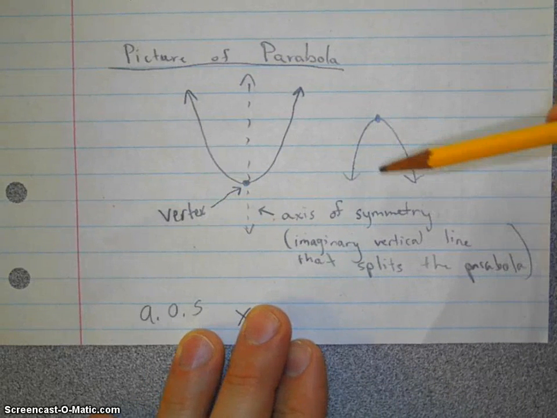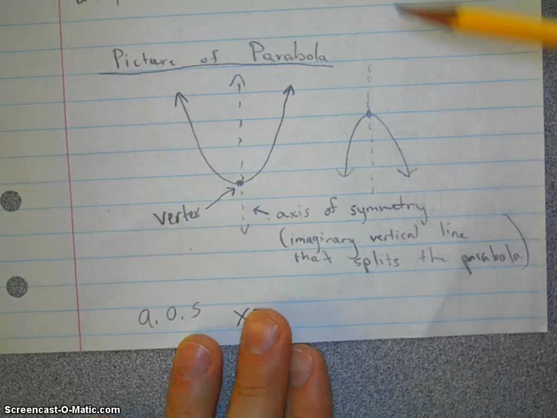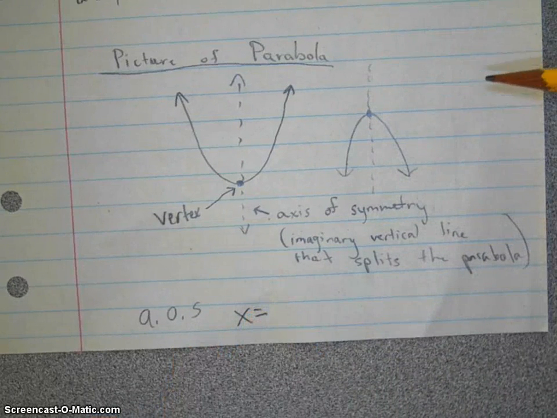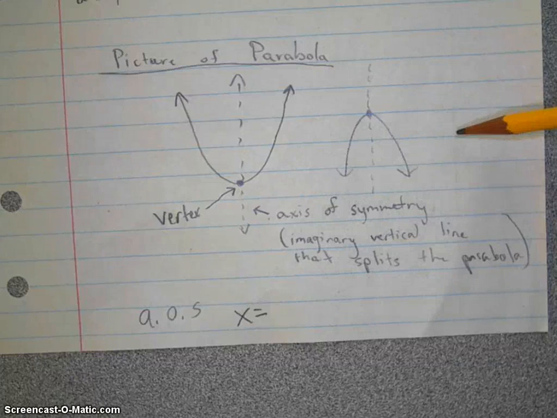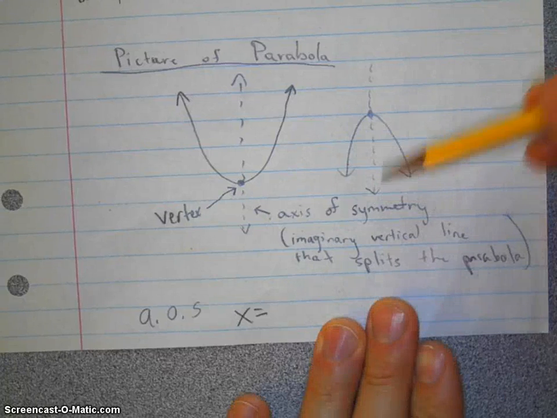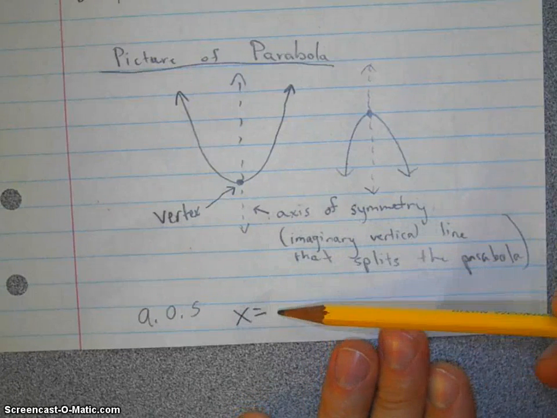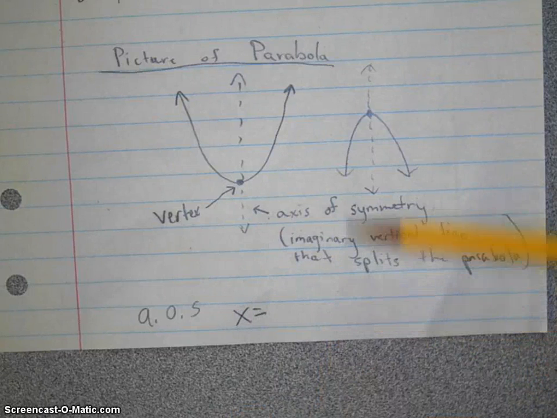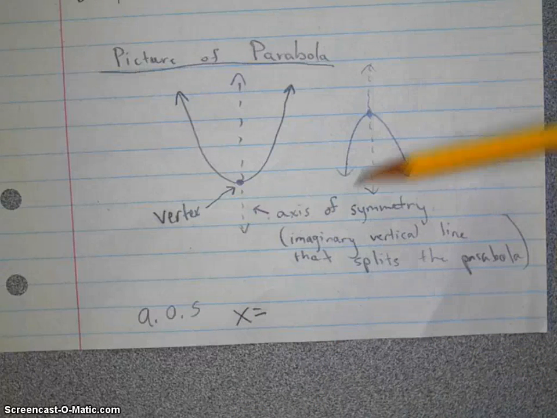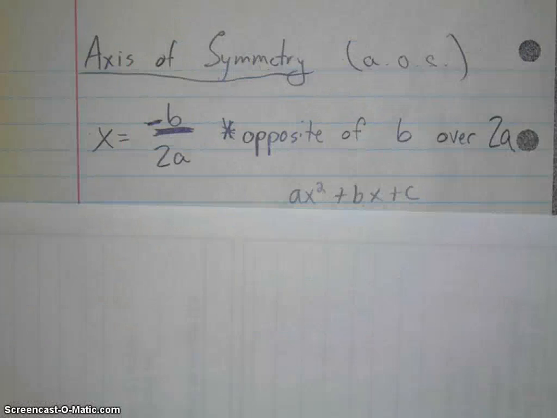Now we can draw what's called an axis of symmetry, which goes through that vertex and splits the parabola into two equal pieces, in half. As we learned before, all vertical lines are a special case of which we just say x equals and then a number. This vertical line is called our axis of symmetry, or AOS.